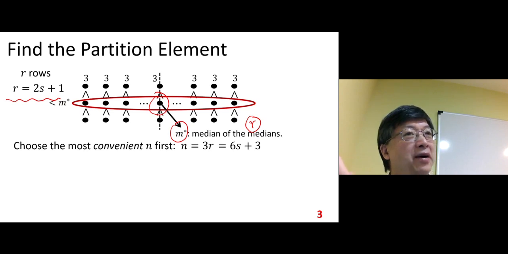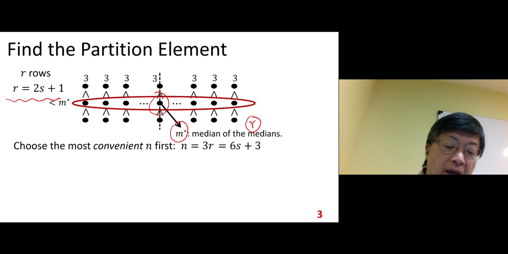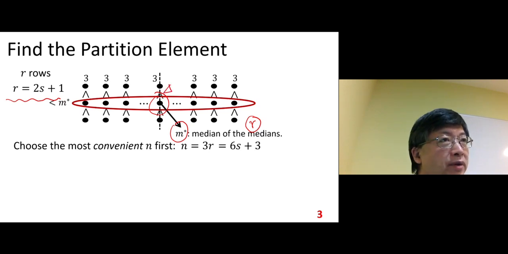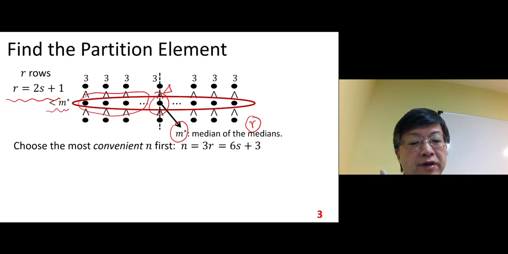And now another important step. After we find a median, there is another important treatment we need to make. We arrange all the elements that are less than M star to the left-hand side of M star.